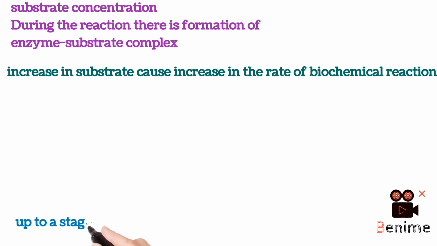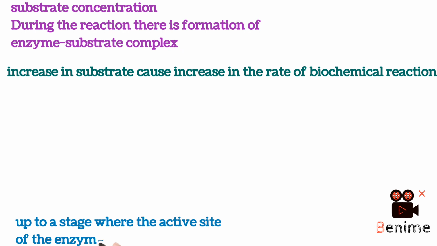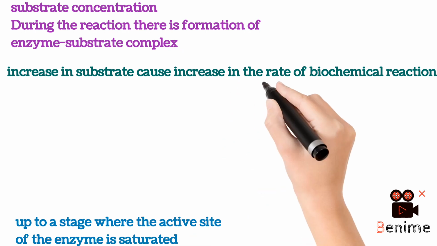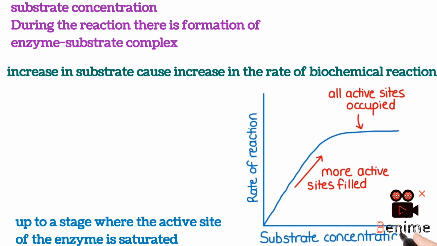The increase will continue up to a stage where the active site of the enzyme is saturated, meaning that there are no free active sites in which the enzyme can act upon the substrate, meaning that all active sites are occupied. So at this stage, increasing the substrate concentration will not cause any increase in the rate of biochemical reaction.